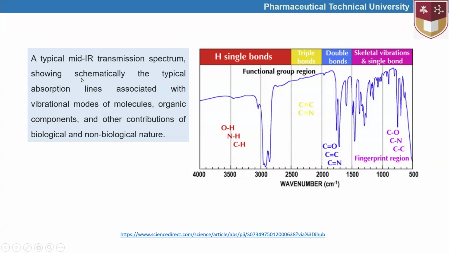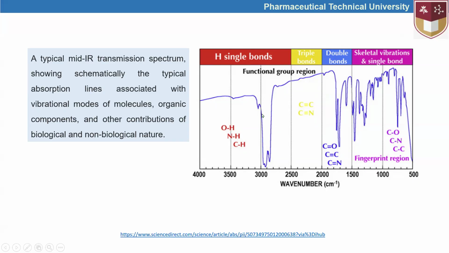A typical mid IR transmission spectrum showing schematically the typical absorption lines associated with the vibrational modes of molecules, organic compounds, and other contributions of biological and non-biological nature. Okay, if the absorption levels belong to this kind of spectrum, then we can claim that the compound has OH groups and CH groups.